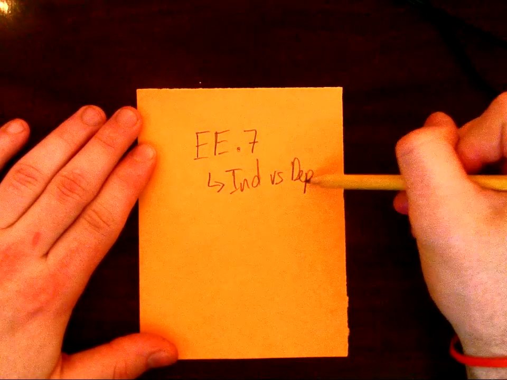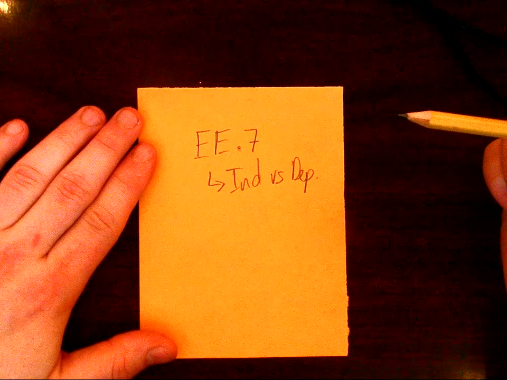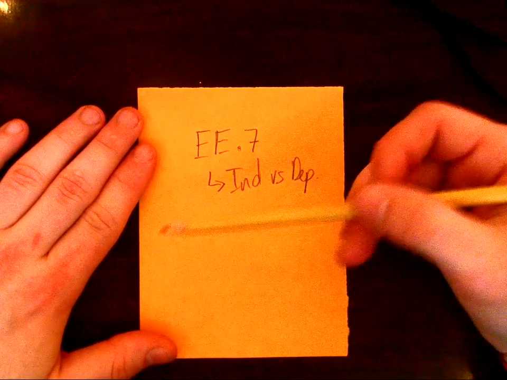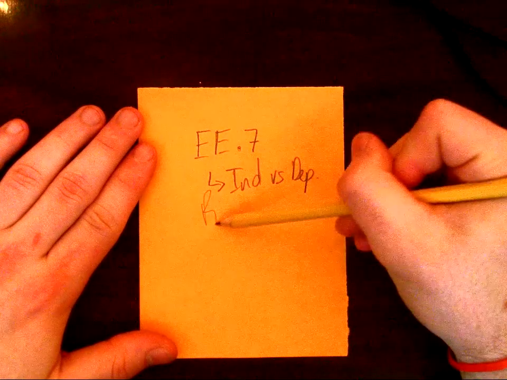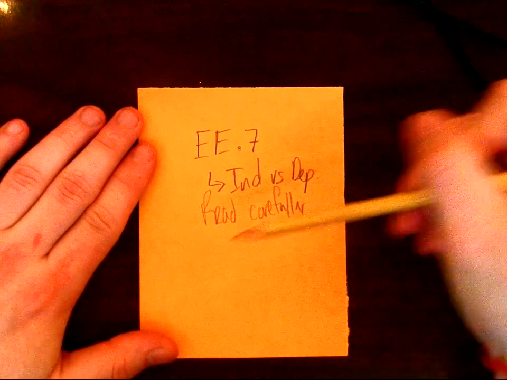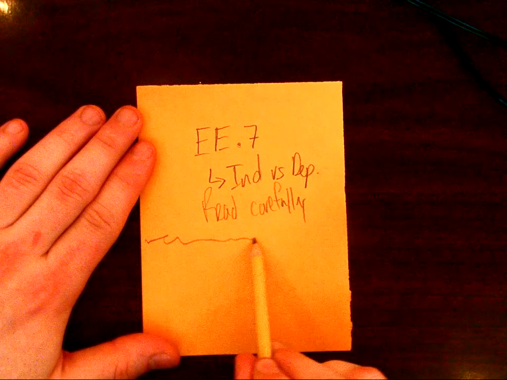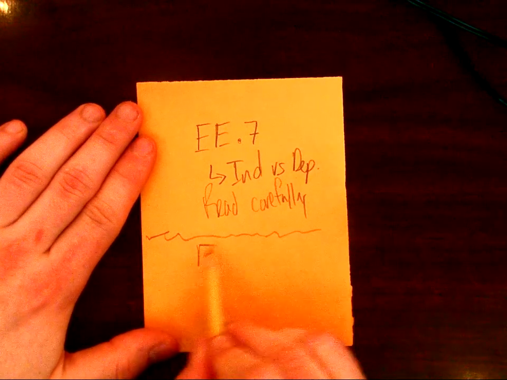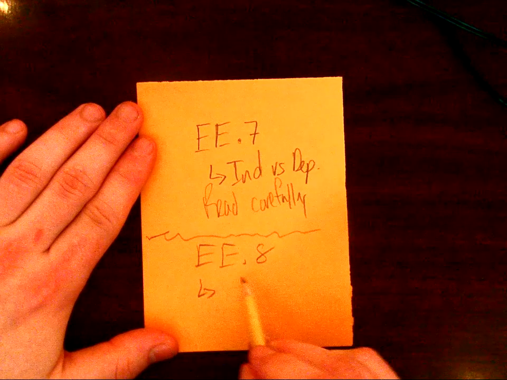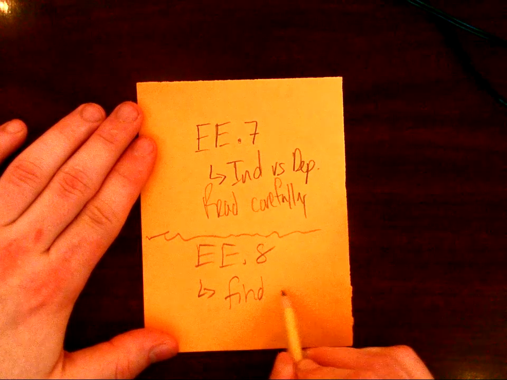This will help you see, hey, is it changing? Is one event affecting another? So read carefully for this. And then the other one is EE8. That's where you actually find the probability.